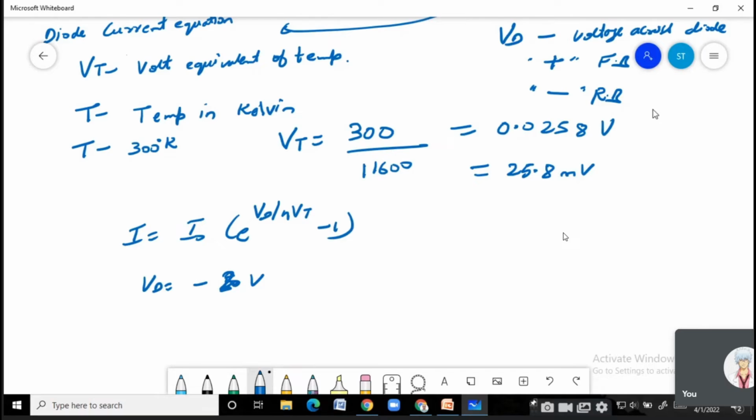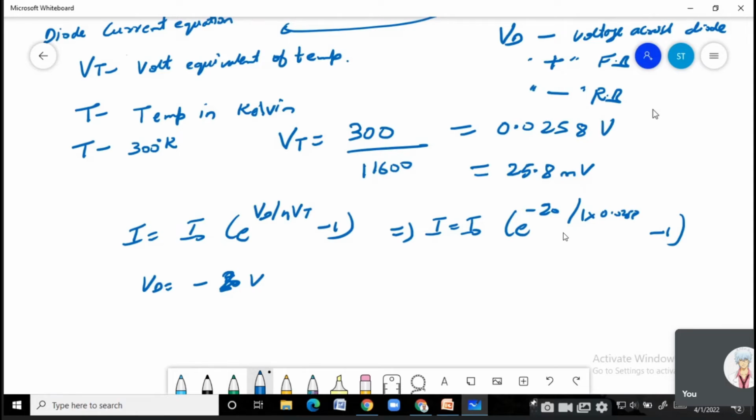Then you substitute it here, and I equals I naught e raised to minus 20 upon eta Vt, minus 1. Suppose it's a germanium diode, for which eta is 1, and Vt at room temperature is 0.0258.